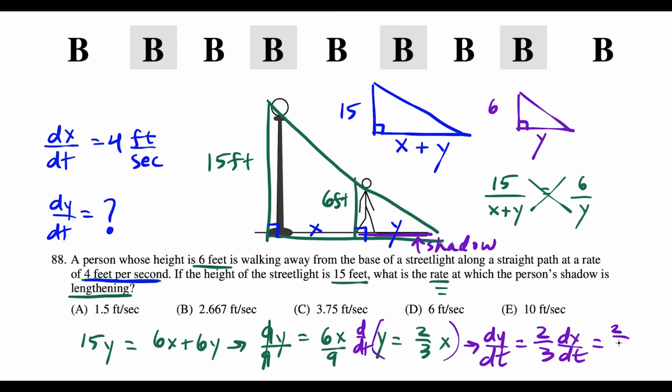So we're going to have 2/3 times 4 feet per second. And we're running out of real estate here, but 2/3 times 4 is going to give us 8/3. And it's feet per second. And if you simplify that, 8 divided by 3 is going to be 2 2/3, which is going to give you 2.66, and if that goes on forever, we would round it to 2.667. So this is definitely choice B.